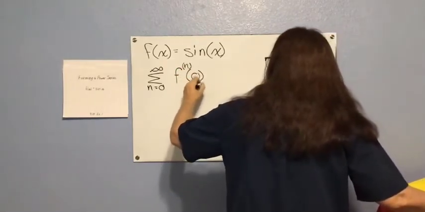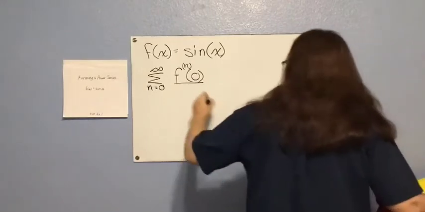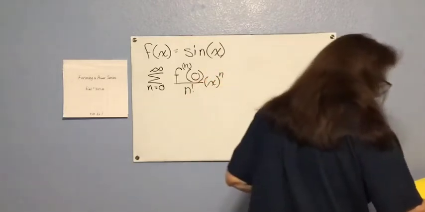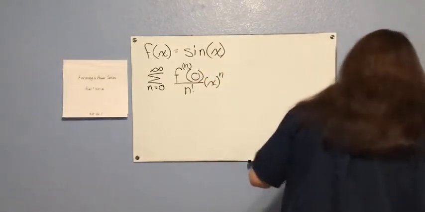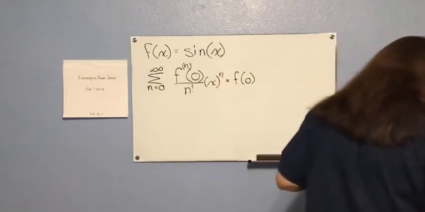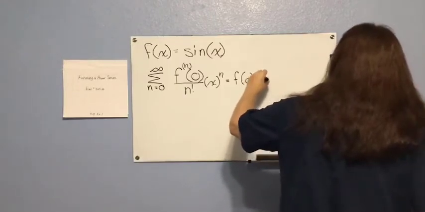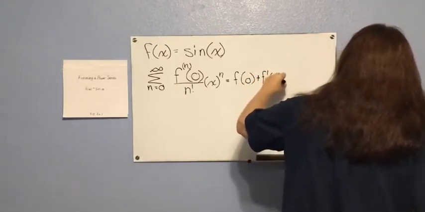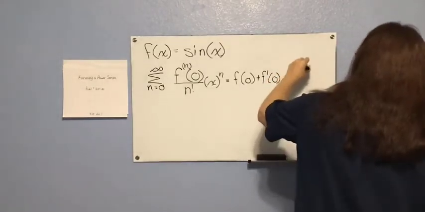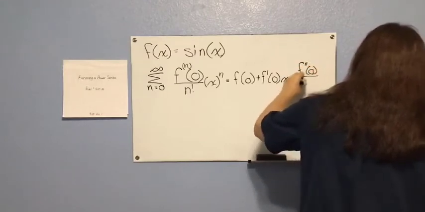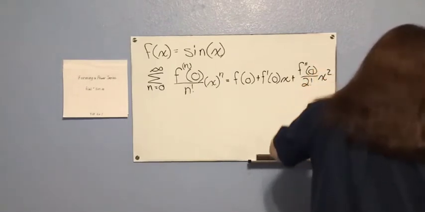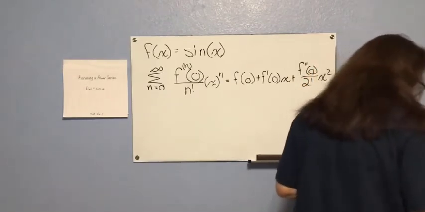So this will be the sum of a sub n, which is f of 0 plus f prime of 0 times x plus the second derivative over 2 factorial times x squared, and so on.